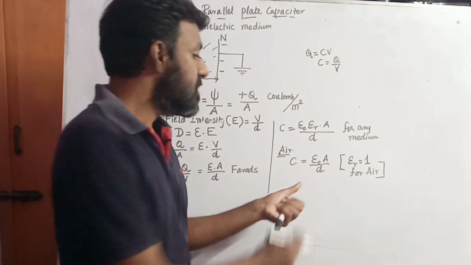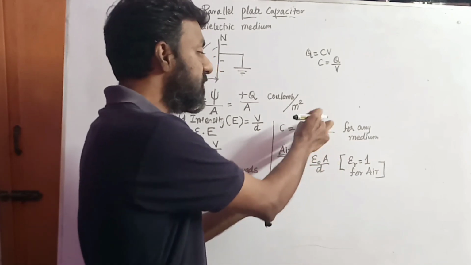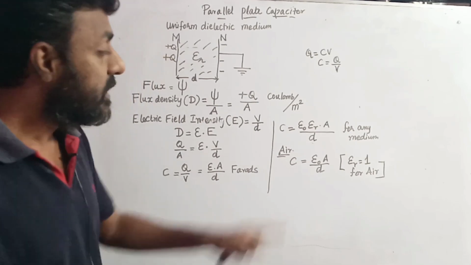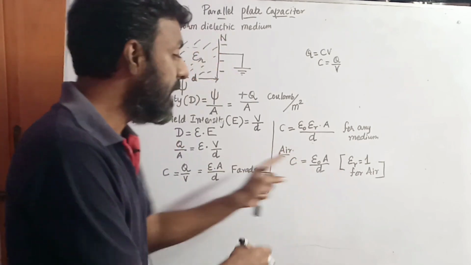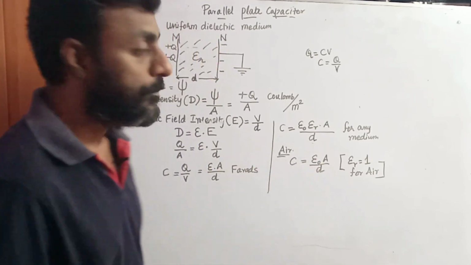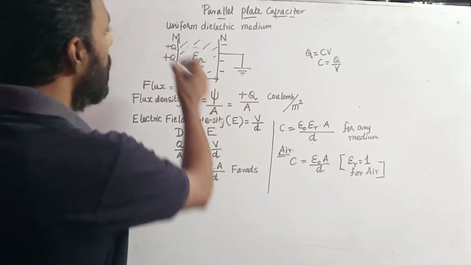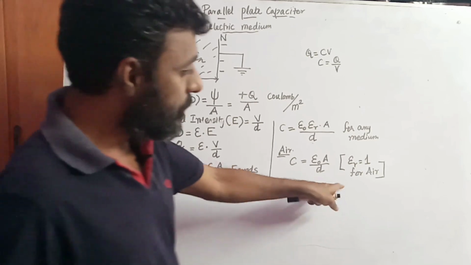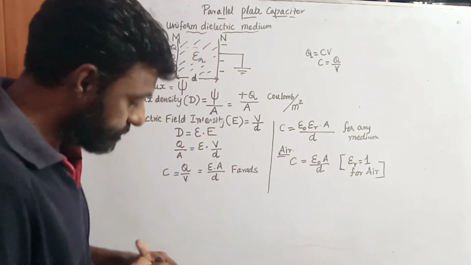So epsilon R will be 1, and C is equal to epsilon naught into A divided by d. This is the value of capacitance when air is used as the medium. So this is all about the uniform dielectric medium. If the dielectric medium is uniform, this is the value I'll be getting.